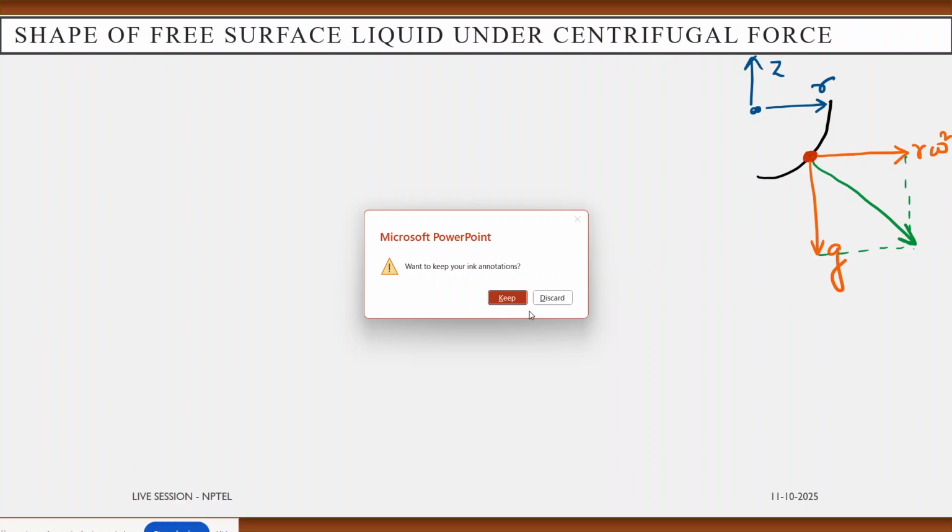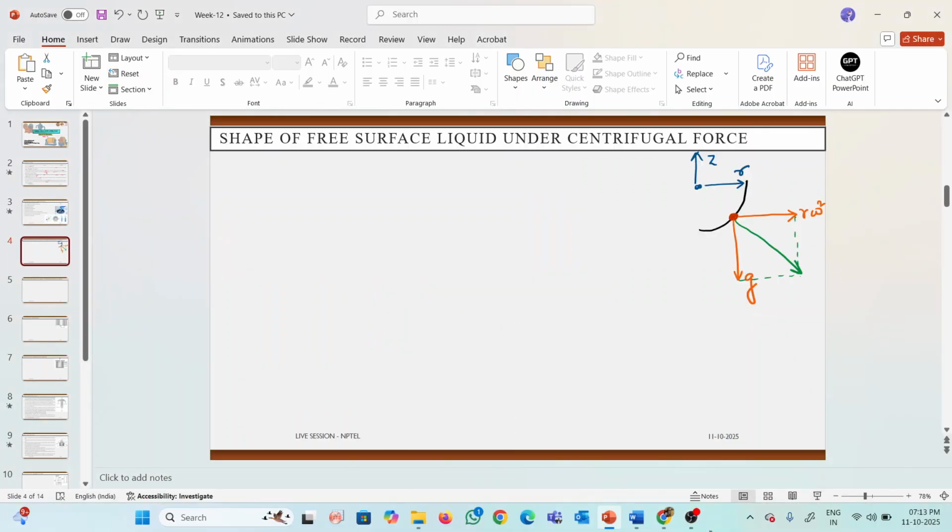So these are some operations that we look at.